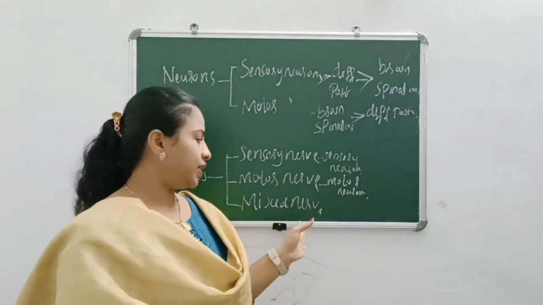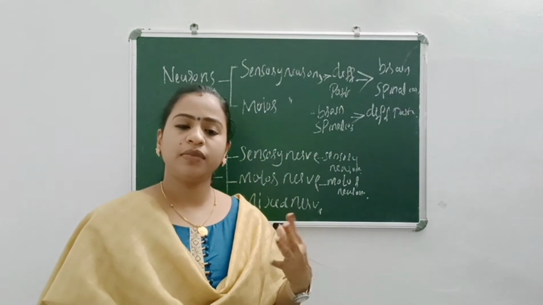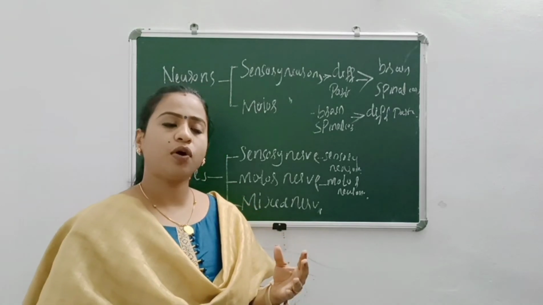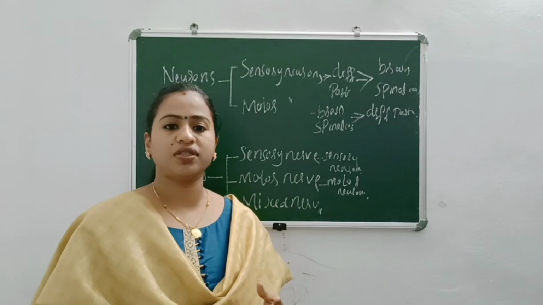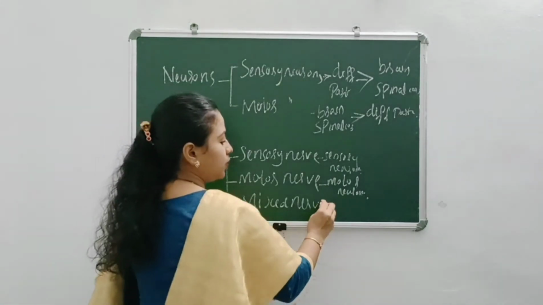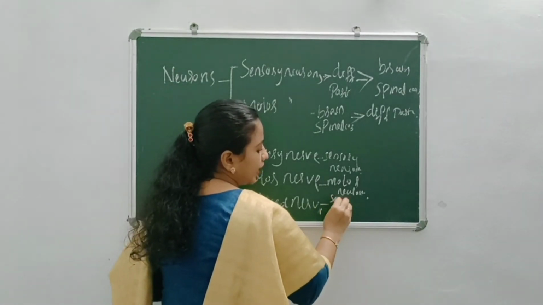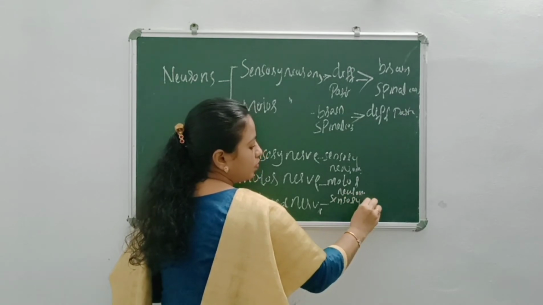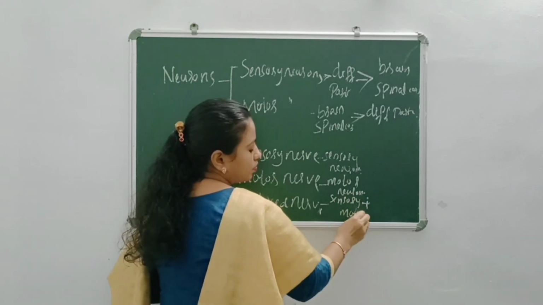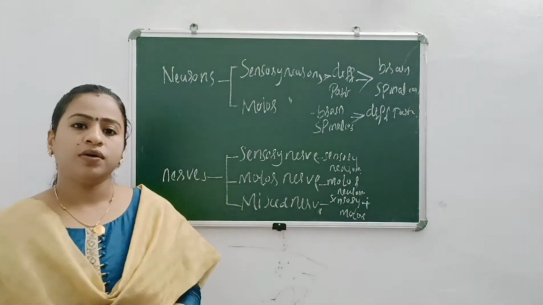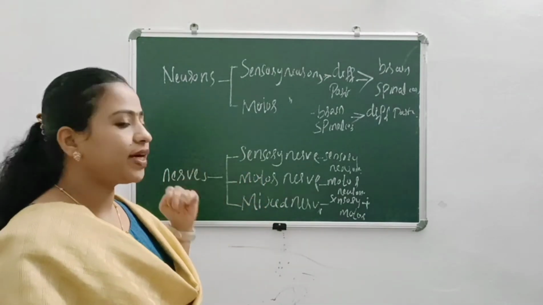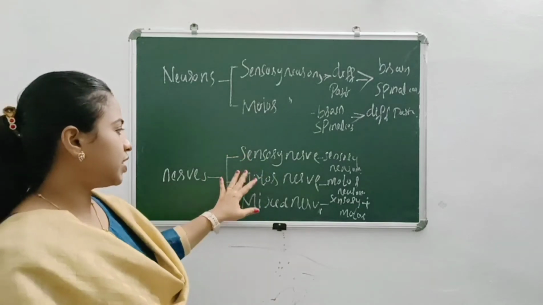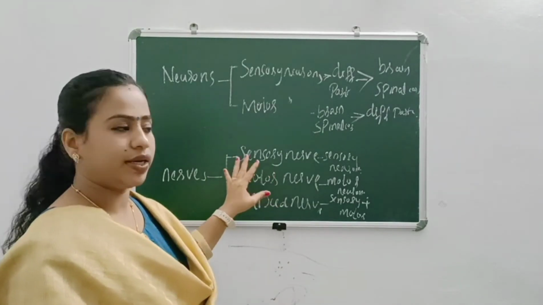And then mixed nerve. Mixed nerve is made up of both sensory neurons and motor neurons. And this classification is based on the function of the nerve.